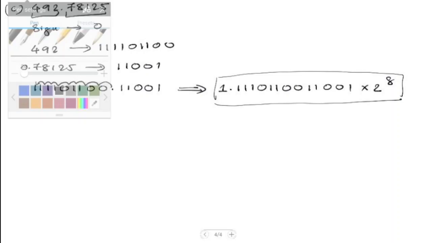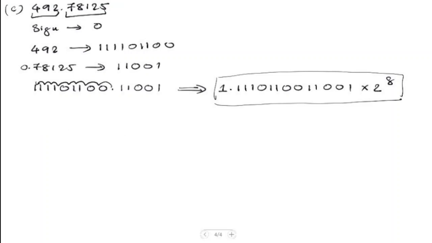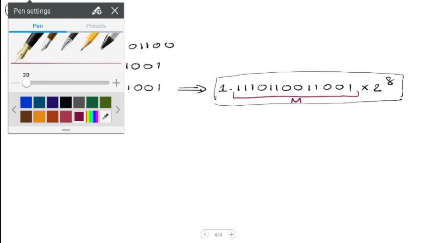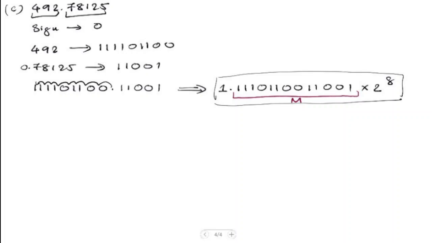And again, when you get the normalized number, everything after the decimal is your mantissa. All right. Now, once we have normalized the value, what we do next is add bias. I don't want to repeat writing all those numbers again, so I'll just write the bias.